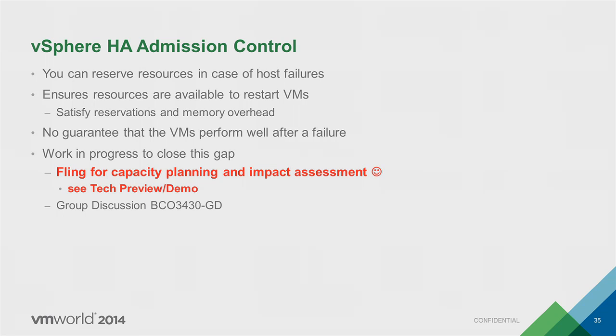Well, that's clearly a gap, because you don't want only the VMs to be restarted and up and running, but they should have the right amount of resources so they can perform optimally. So we are working on a Fling solution to close this gap, and in one of the tech previews, we will demonstrate how to answer that question. We also have a group discussion on Thursday where we will be discussing this in detail, and we would like to hear your feedback during that time as well.